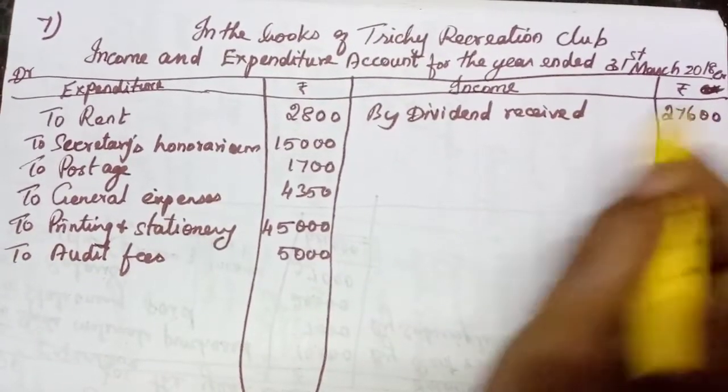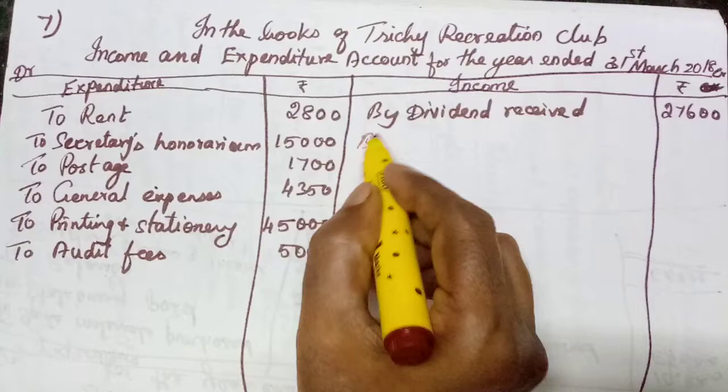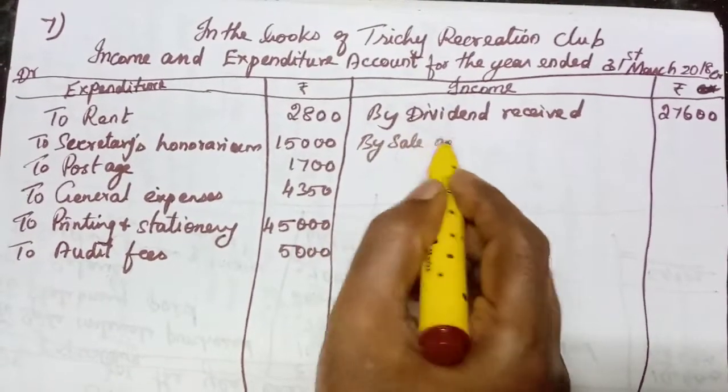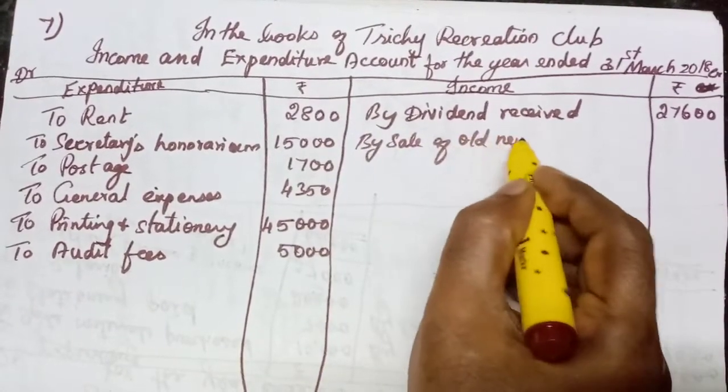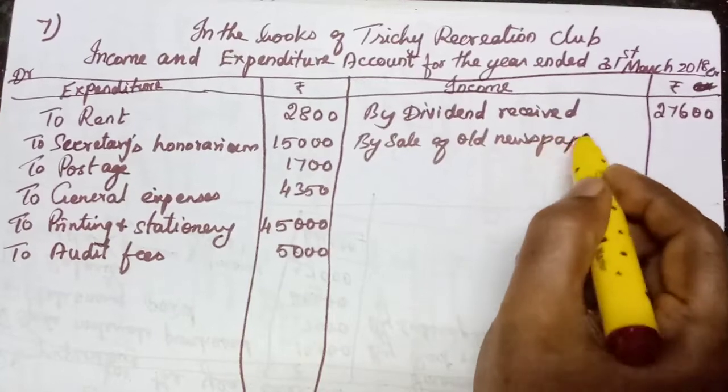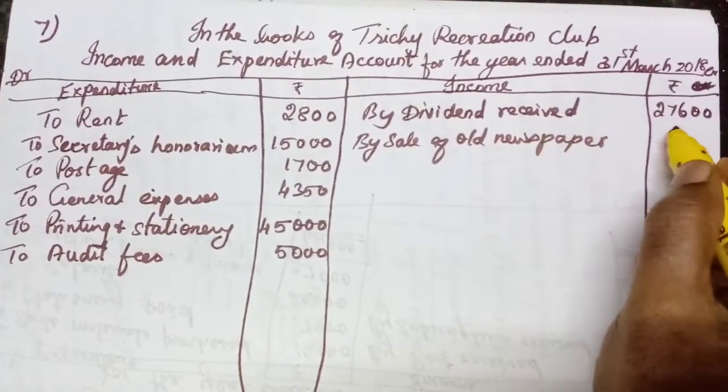Then sale of old newspaper, a revenue item, isn't it? By sale of old newspaper, 3,000.